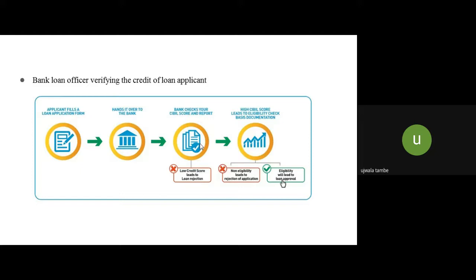For getting the loan, you have to present the following documents to the bank. The first one is the identity proof. You must have an identity proof. Under that, you can show the Aadhaar card, PAN card, voter ID, or a valid passport. Again, the next one is the address proof.